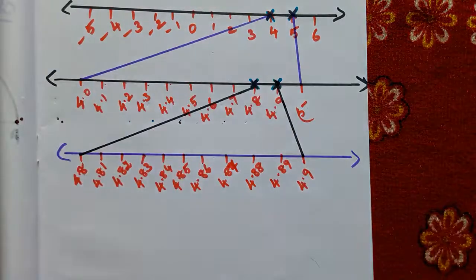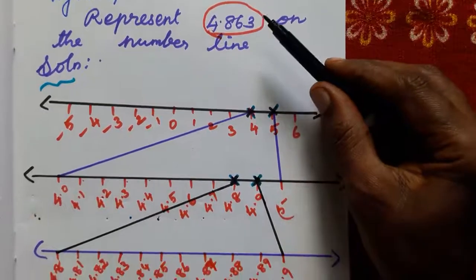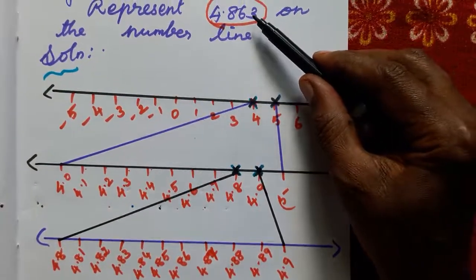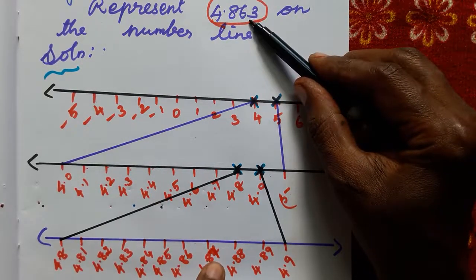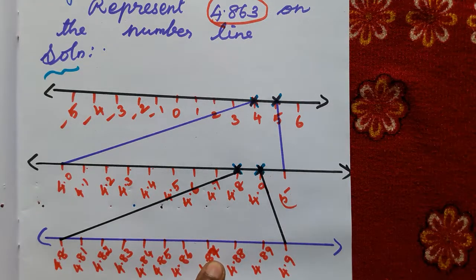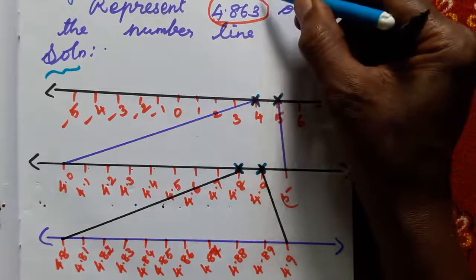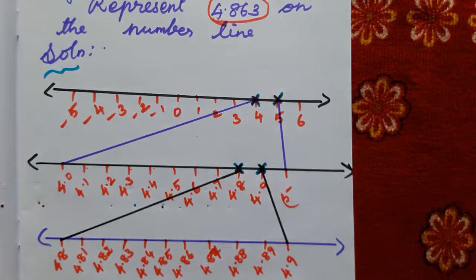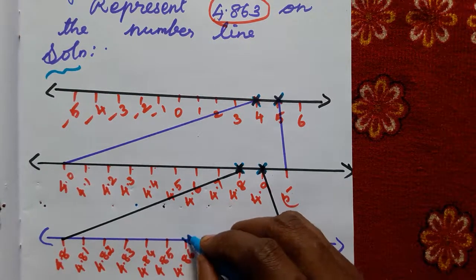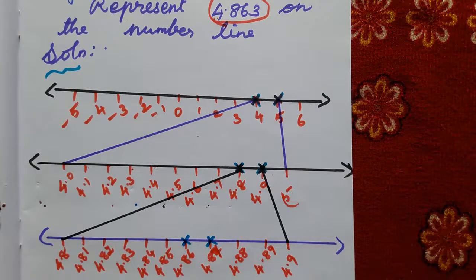Do we understand this? Again, you have to check this number 4.863. 4.863 is between 4.86 and 4.87. So we have to mark 4.86 and 4.87.